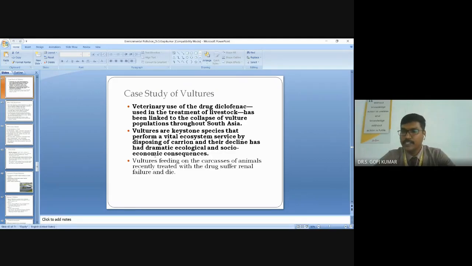One of the main reasons is the veterinary use of the drug diclofenac. This is one of the major factors, where the drug is spilled in and around cattle farms, and vultures are directly affected by those drugs, which is the root cause for the reduction in vulture numbers.